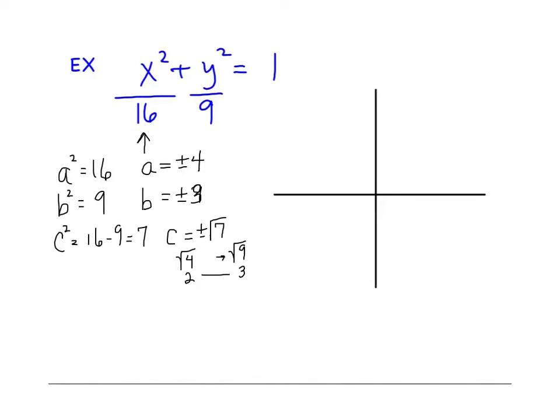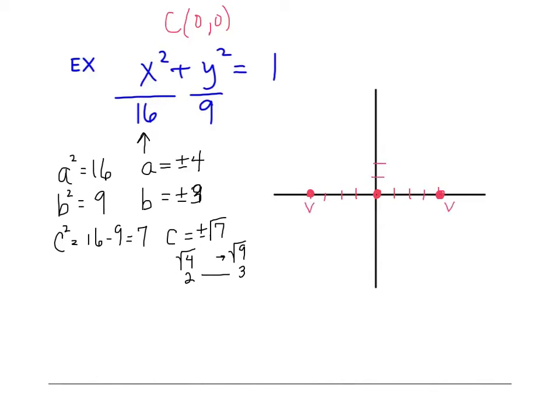And I can estimate. So to graph, I have the center at 0, 0. I know this because it's x squared and y squared. The bigger number is under x. So I'm going to go 4, 4 on the x-axis, and those are my vertices. So this is a vertex, this is a vertex.